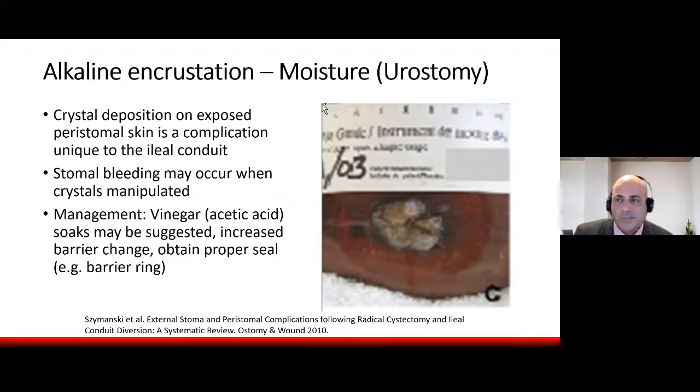If someone has a urostomy and there's persistent leakage, and this is a pretty extreme case, this was one of the cases that we published in a medical journal many years ago with some of the surgeons when I was at McGill University.